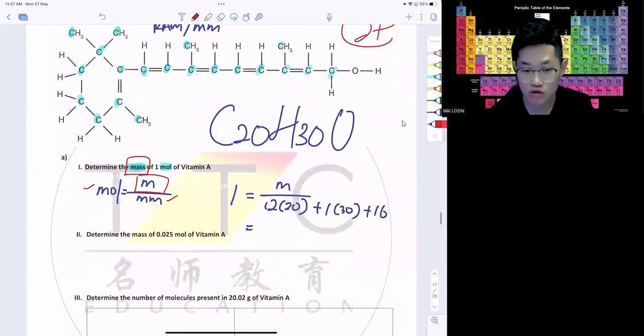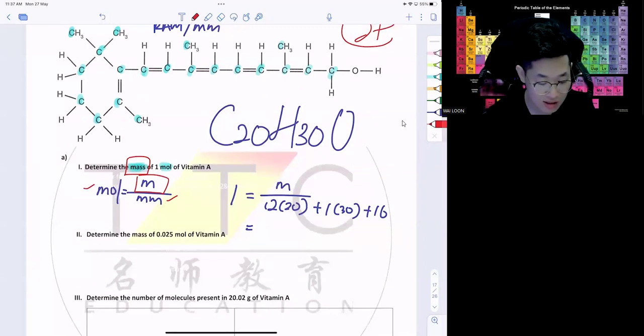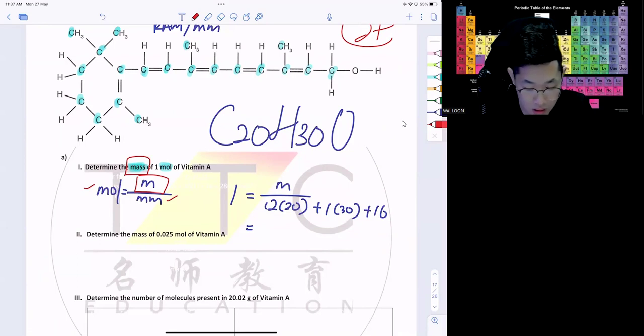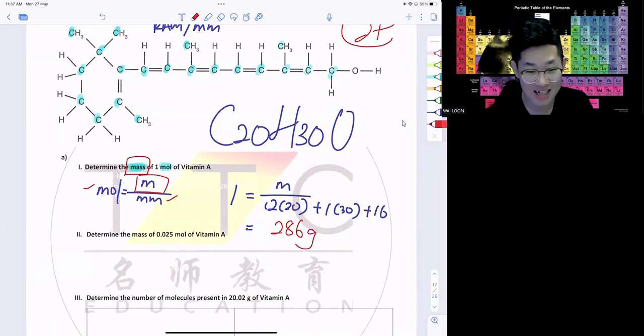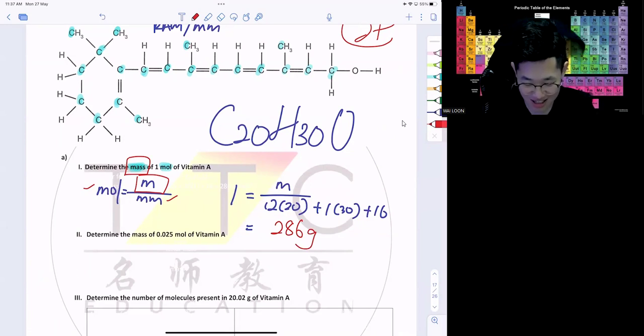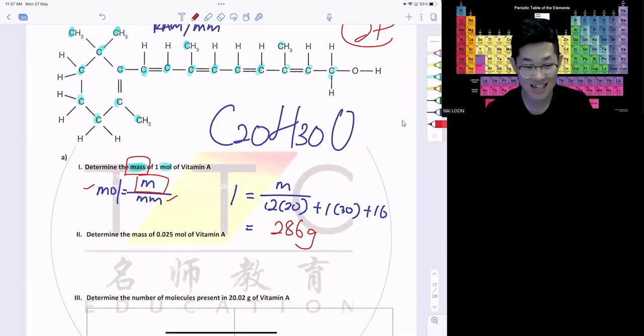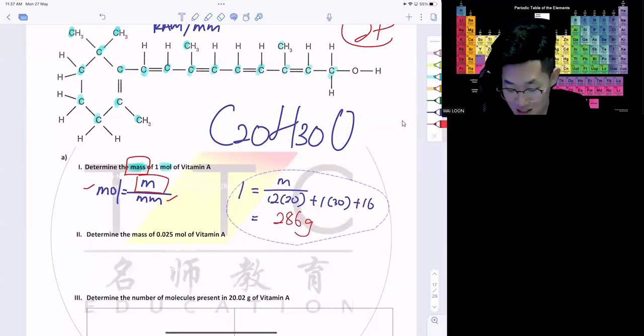Wait, how come you also got so many different answers? Two hundred and 86. Correct. Yeah, that's what I got. Okay, so the molar mass 286 is okay.